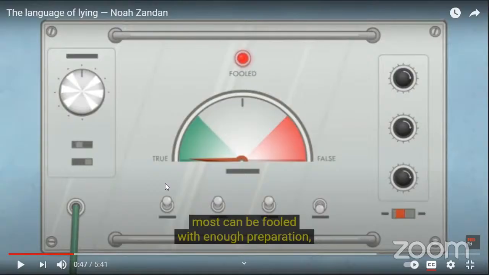Exactly. So even if these devices are good, they can work sometimes, they can be fooled. To fool something is to trick something. So if you're prepared and you know how to process the information that you have in your brain, and you know very well how to structure a lie, then these devices are not going to detect anything weird and they are going to believe that you are telling the truth, right? But you are not.